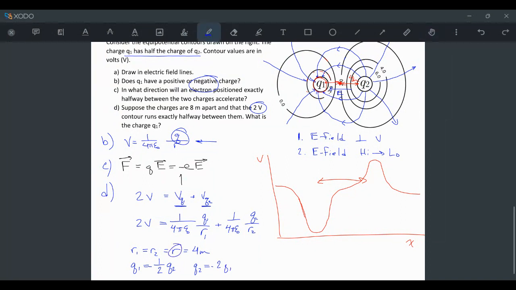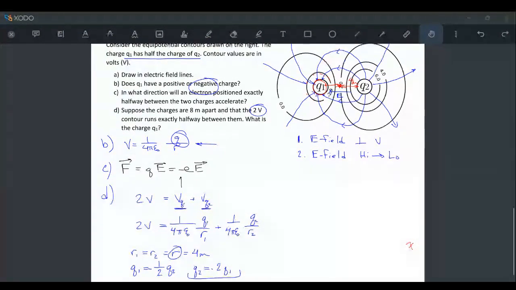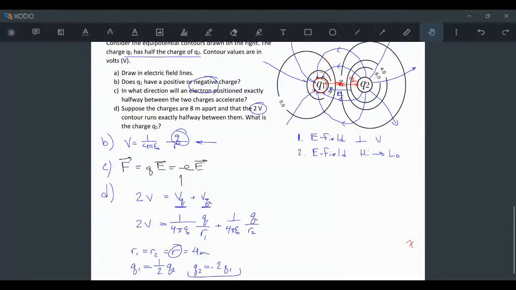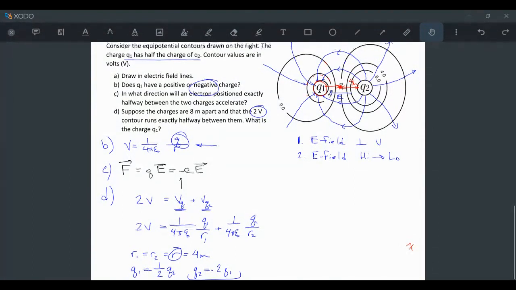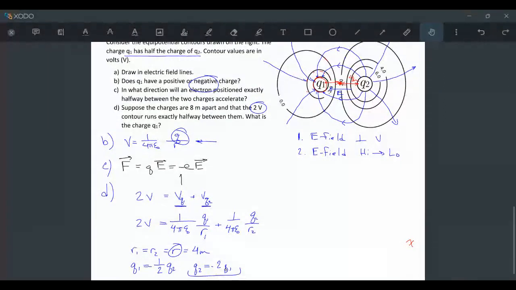So what I'm going to do is sub in R, and sub in this in the above line, but I need space. Okay, so let's sub that in, our 2-volt line that we're trying to solve for.